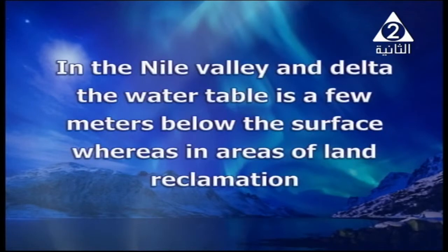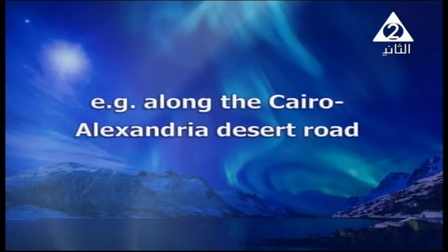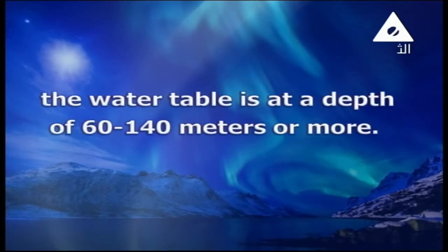In the Nile Valley and Delta, the water table is a few meters below the surface, while in areas of land reclamation, like along the Cairo-Alexandria desert road, the water table is at a depth of 60 to 140 meters or more.